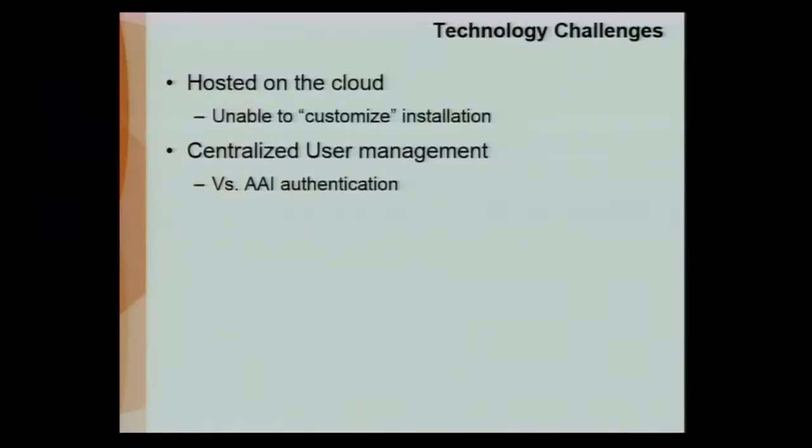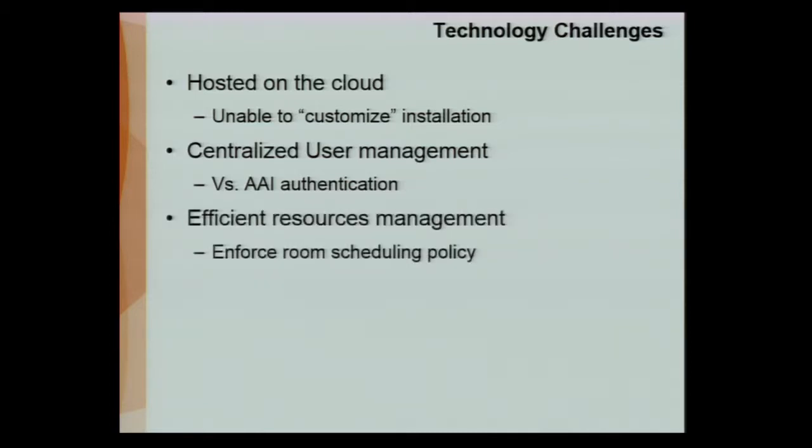Then there is centralized user management. By default, and this is how it works, there are users inside the platform. That's it. But we use federated authentication. So we needed to be able to interconnect this. Then there is efficient resource management. Resources on the cloud are kind of infinite, but there are things that are not infinite. Things like identifiers.